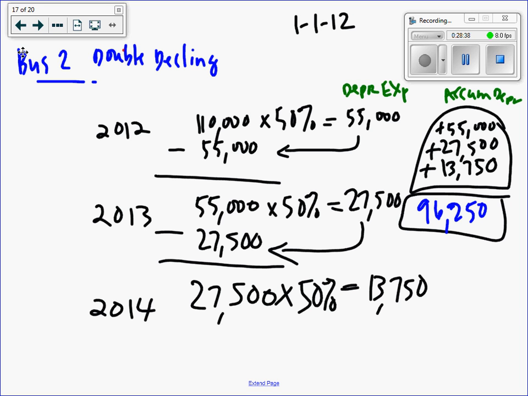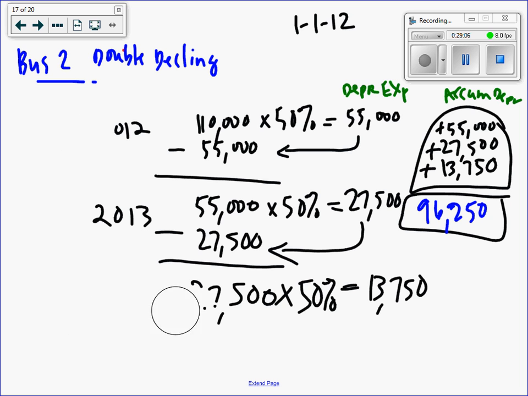I want to quickly do part B. Okay, instead of moving on to bus 3, do you see where it says instructions and part A says compute the amount of accumulated depreciation on each bus? But part B says if bus 2 was purchased on April 1st, what would it look like instead? Can we do that right now since we're talking about bus 2? Okay.